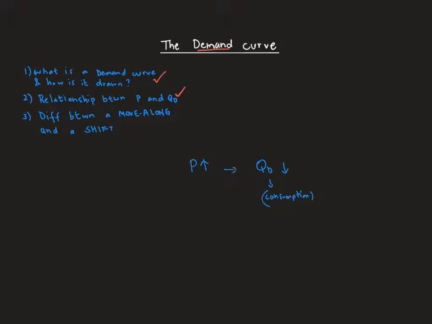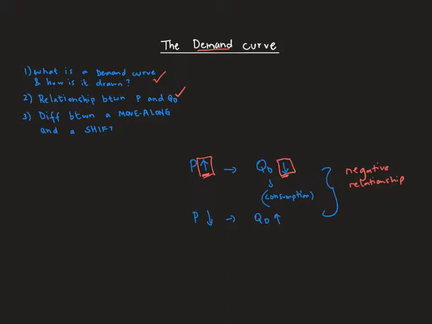And when the price of a product decreases, then the quantity demanded should naturally increase. The relationship between price and quantity demanded is negative. And how we can identify that it's a negative relationship is when the price increases, the quantity demanded decreases. So the signs are in the opposite direction.